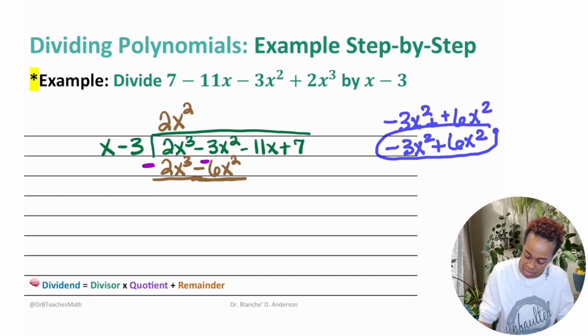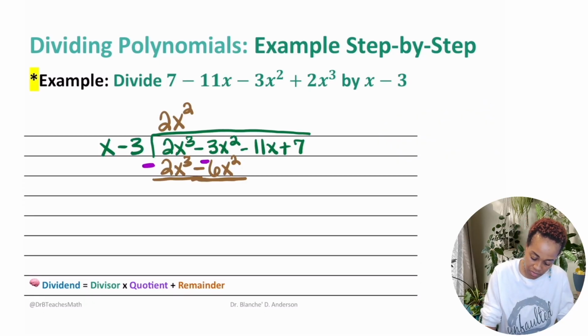So this is what we're looking at: that's really 6x squared minus 3x squared, so we're going to have a positive 3x squared. Y'all see that? Okay, and then bring down this guy, along with the sign too. So that's going to be a minus 11x.